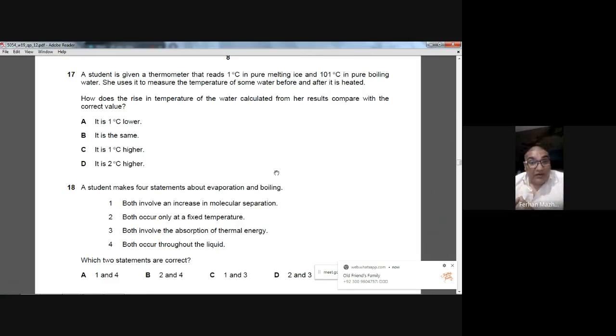The readings will be 1 degree larger than the actual values, but when you take the difference it will be the same. Question number 17, B is the option, sir.